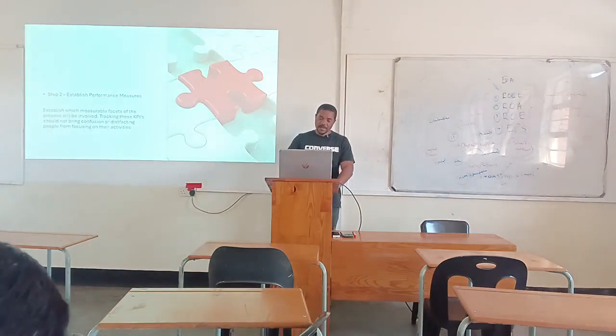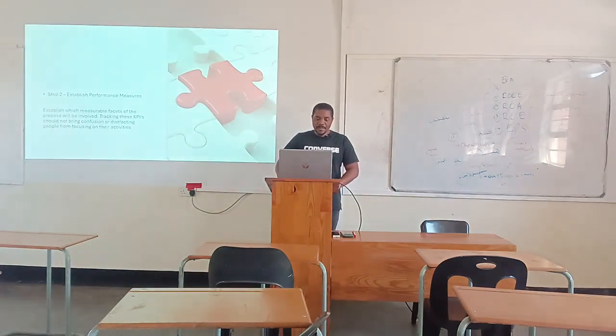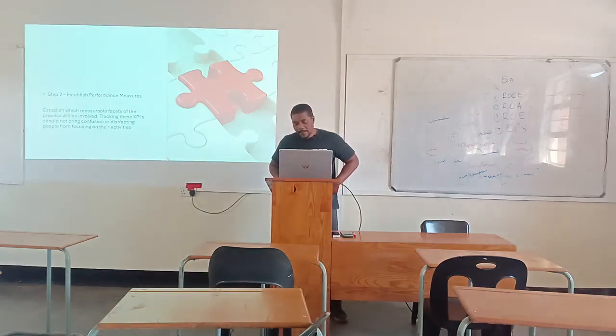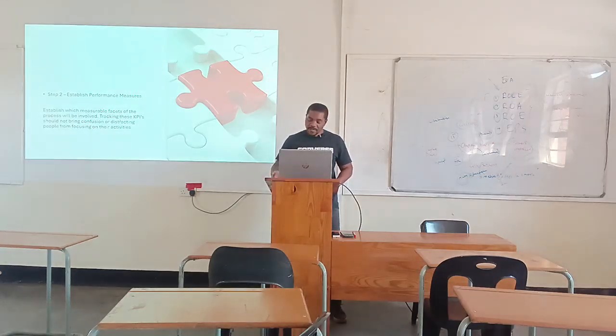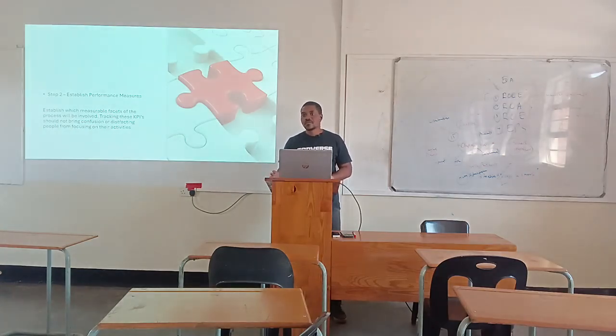So establish which measurable facets of the process will be involved. Tracking these KPIs should not bring confusion or distract people from focusing their activities. What they're trying to say is the metrics that we are going to use should not distract or make people go off track.